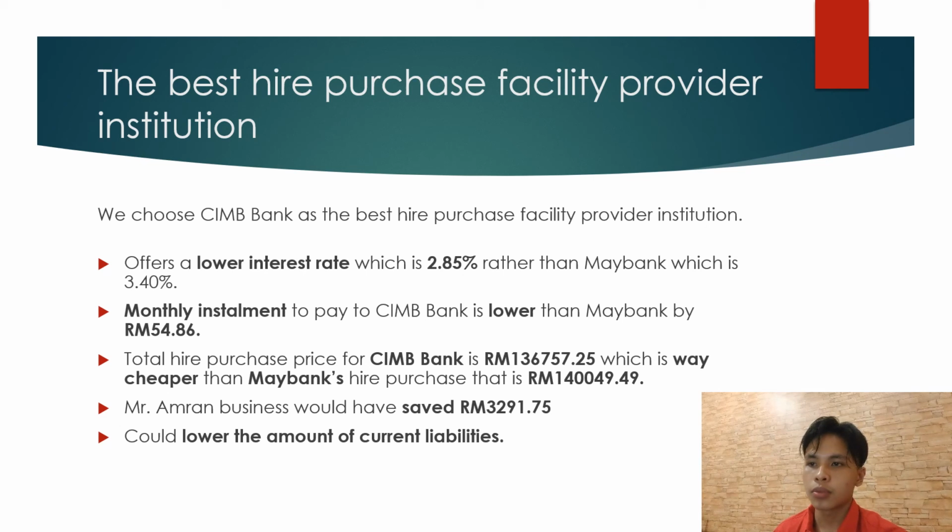My uncle's business would have saved RM3,291.75 if he chose CIMB Bank for his hire purchase. This could lower the amount of non-current liabilities on the business balance sheet to lower the potential risk to its minimum and secure financial stability.